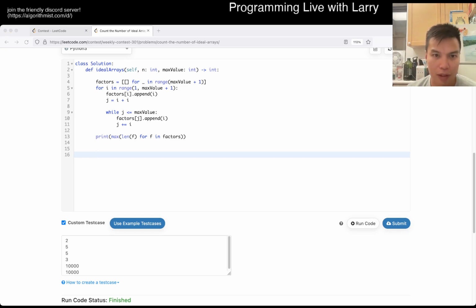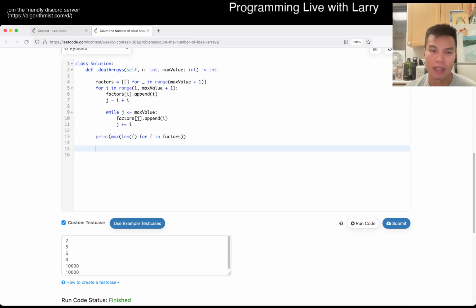Actually, I don't know that I know how to do this part, or rather, I don't know how to tie them together.